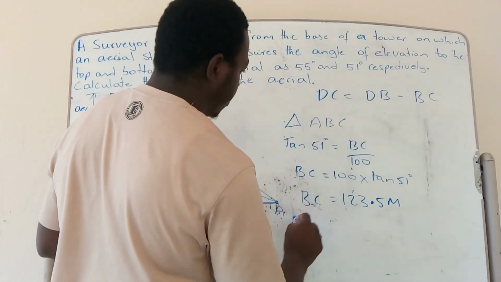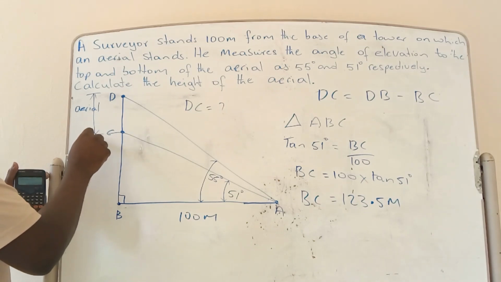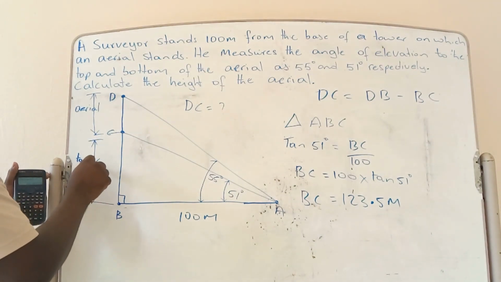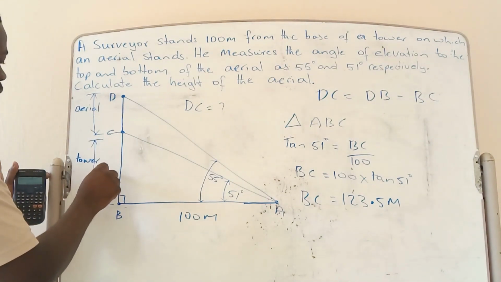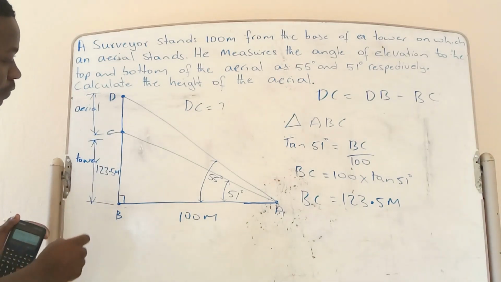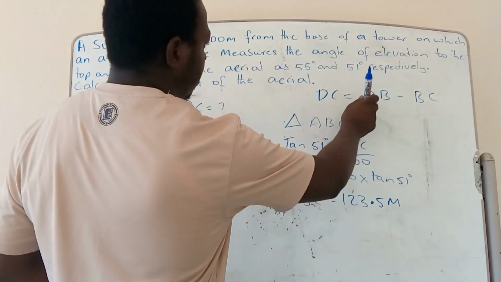So that's BC there. So we know that this height here is 123.5 meters, right? Now we need to determine this DB, but DB is associated with the triangle ABD, and that's where 55 degrees is.